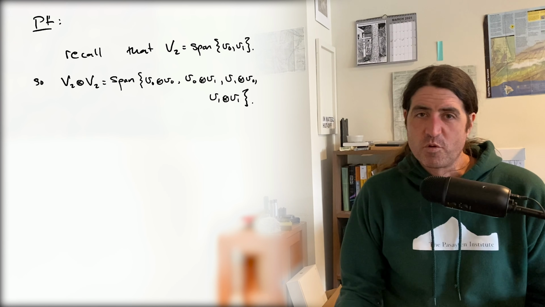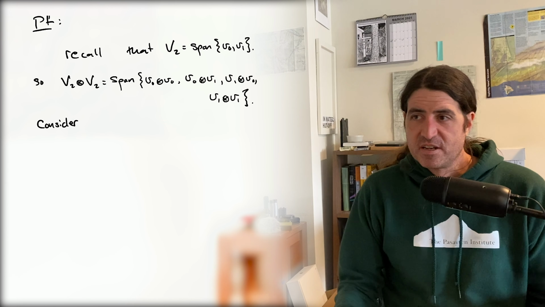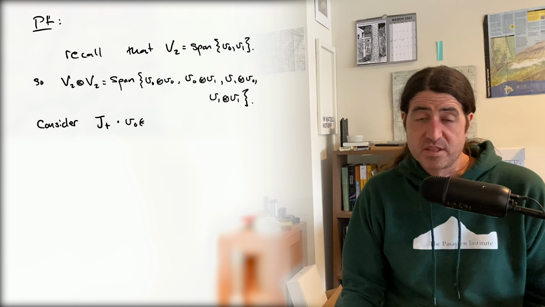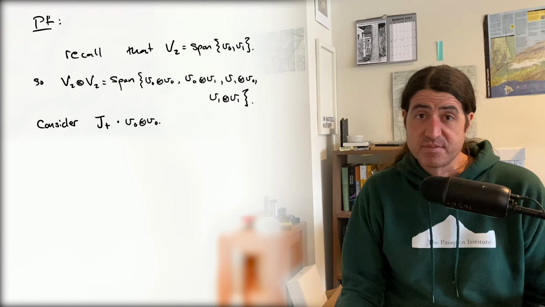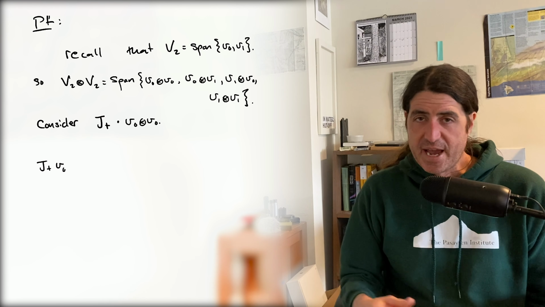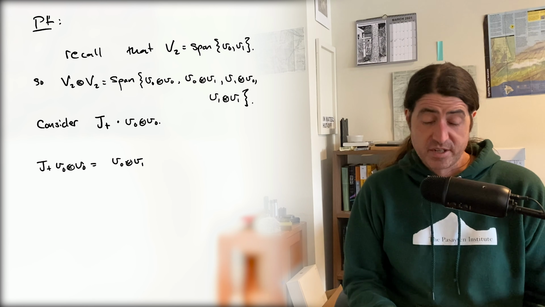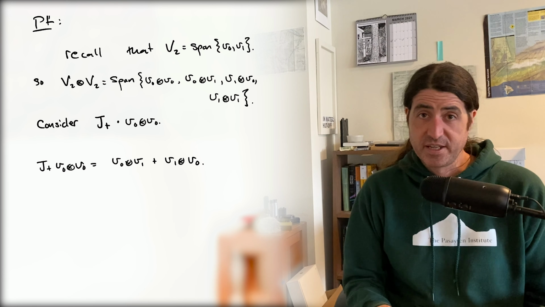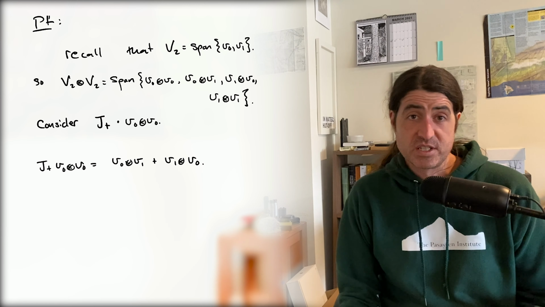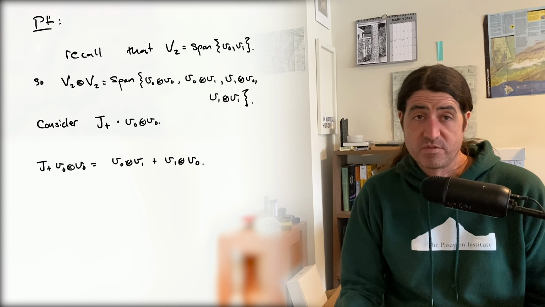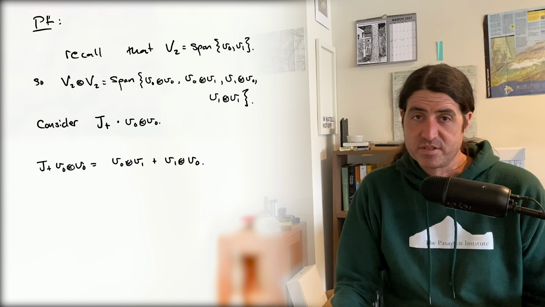To get a feel for how these items behave, let's act with J plus on V0 times V0. Recalling that the Lie algebra acts as a derivation on the tensor product of V2 times itself, we find J plus on V0 times V0 is given by the sum of V0 times V1 plus V1 times V0.